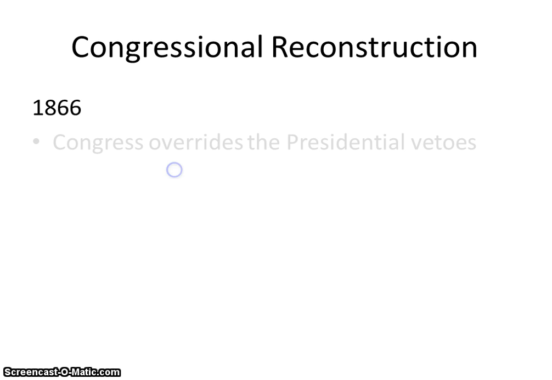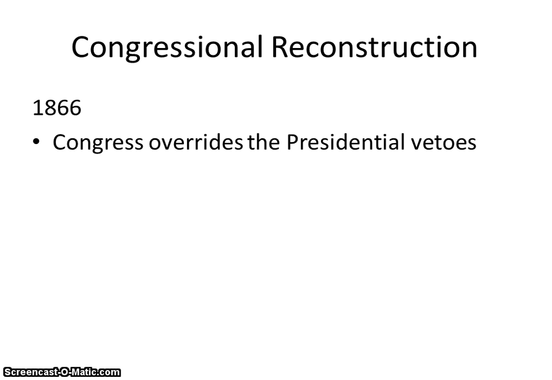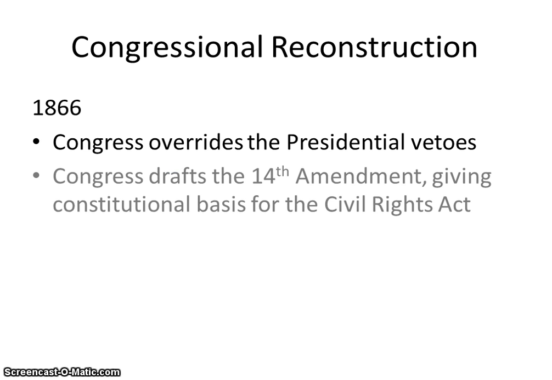So under Congressional Reconstruction in 1866, they override those presidential vetoes. Because remember, President Johnson has vetoed the Civil Rights Act of 1866, and he has also vetoed the Freedmen's Bureau bill, which will assist the freedmen in adjusting to their new life and to society. So Congress overrides those presidential vetoes, and remember that takes a 2/3 vote of Congress. They draft the 14th Amendment, which gives constitutional basis for the Civil Rights Act.